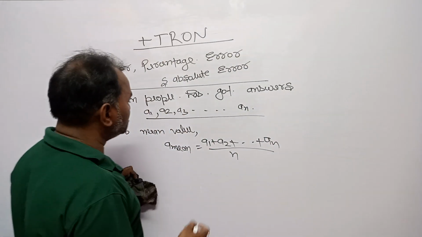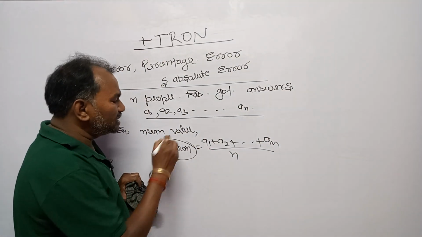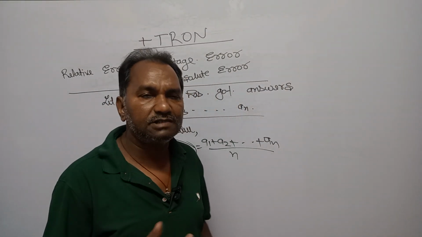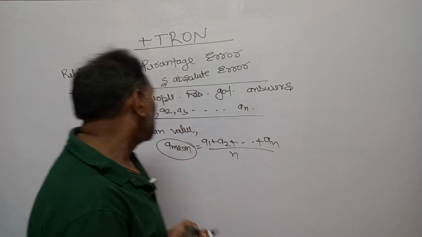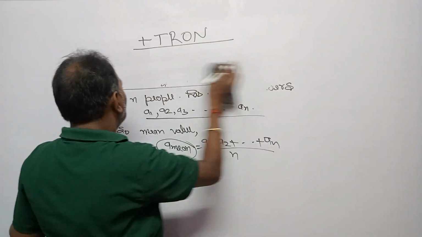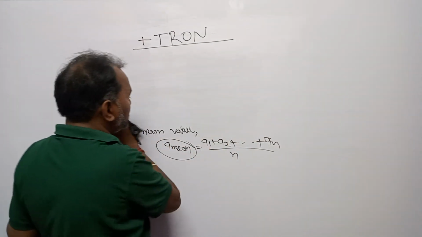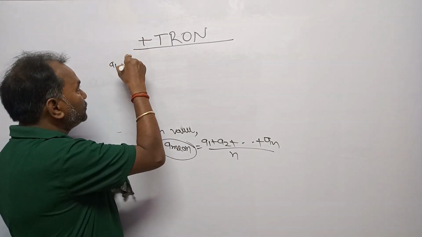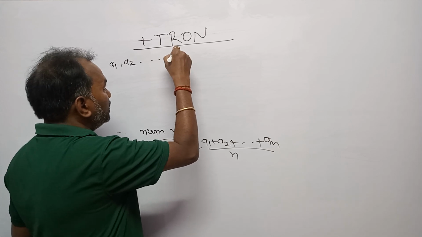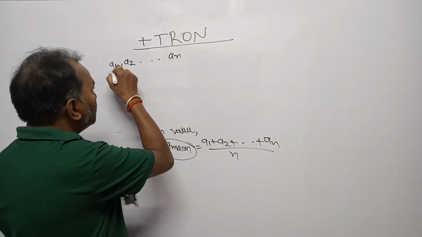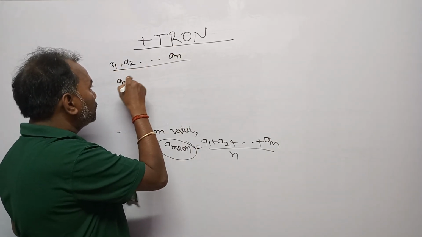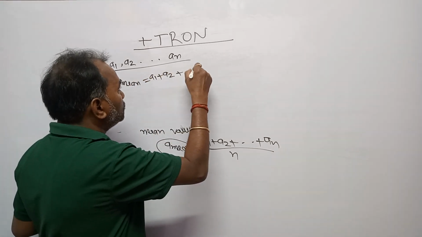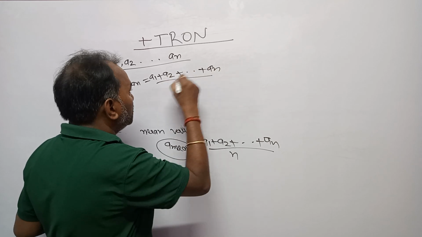Now, dear friends, we have got the mean value, or we can say the absolute or exact value, of that experiment. The people carried out the experiment and got the values A1, A2, A3, up to An, and the mean value is A mean, equal to A1 plus A2 up to An, divided by n.